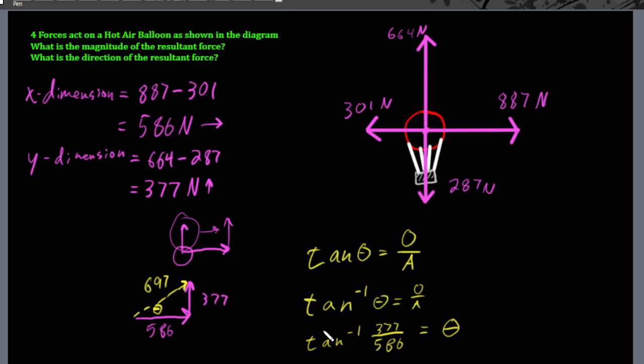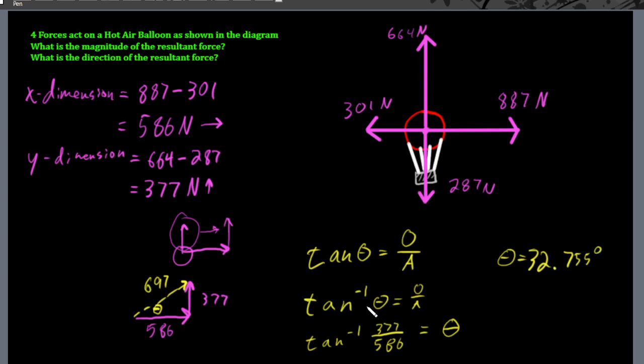I'm going to punch that number up on my calculator real quick and see what we get. After checking on my calculator, I got that theta is equal to 32.755 degrees.